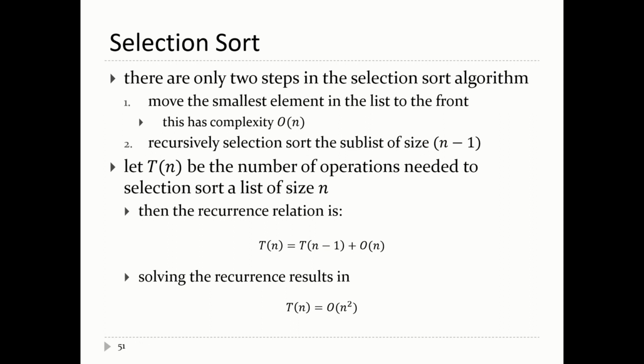That O of n is annoying. So I'm going to replace the O of u, T of u minus 1 plus u. In other words, I'm going to replace big O of u with just the u itself.